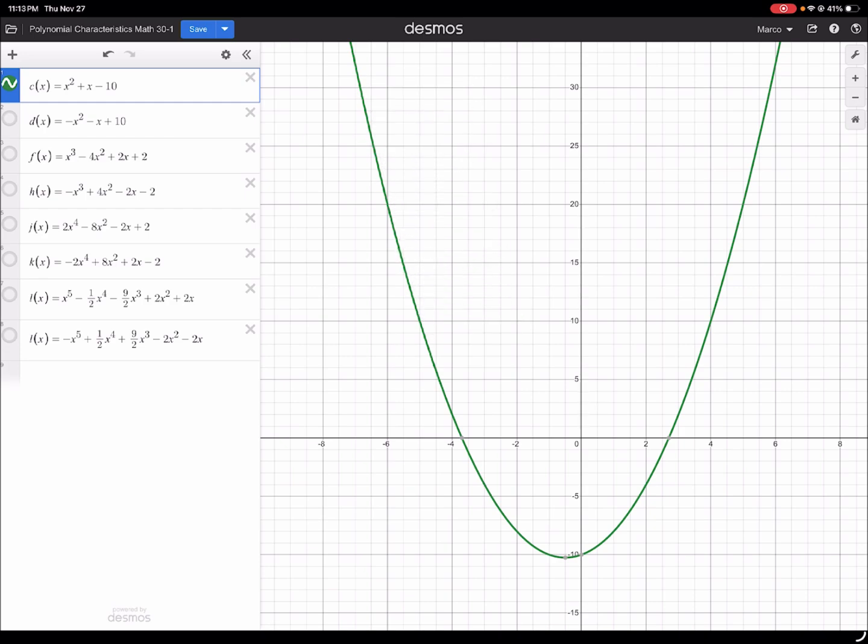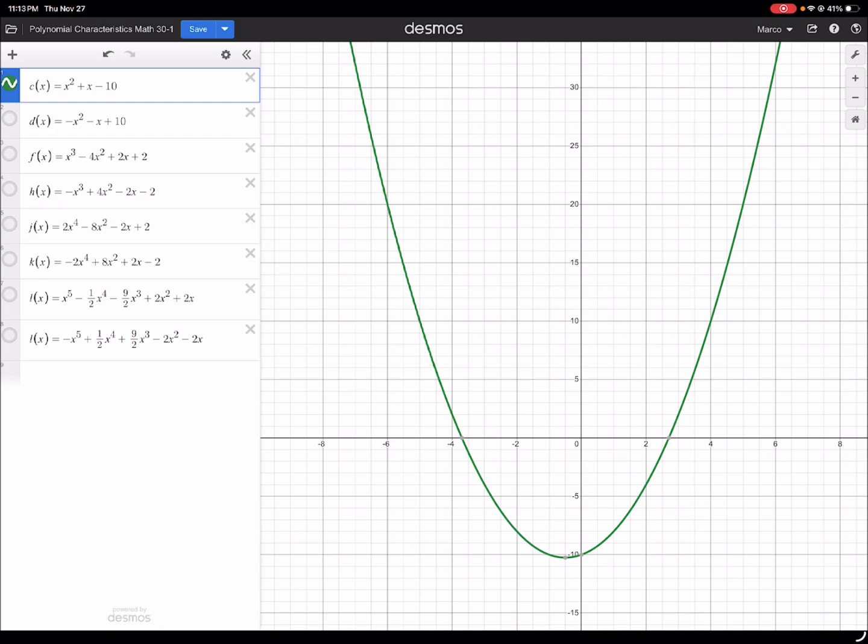That is a characteristic of an even degree polynomial: as x approaches negative infinity or positive infinity, your y values will go either both to positive infinity or both to negative infinity. In this case, y is approaching positive infinity.